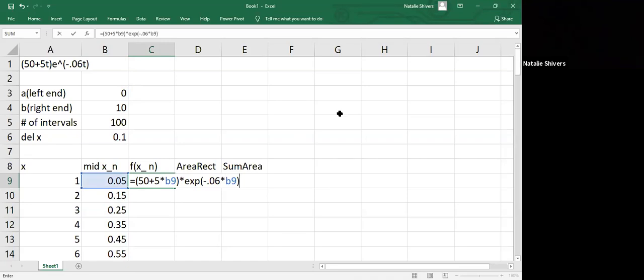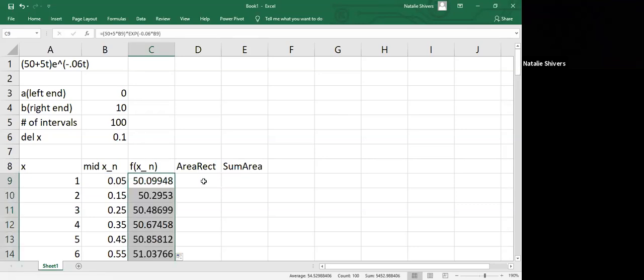There's no times in between EXP and the parentheses. There's a times in between the front parentheses and E only. And quick fill that down. We get equals, we're going to take C9, again, times the delta x. That's the length times the width, or the base times the height.